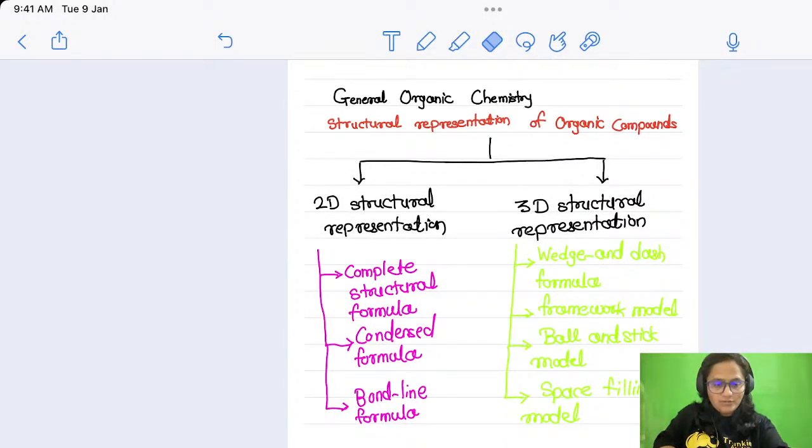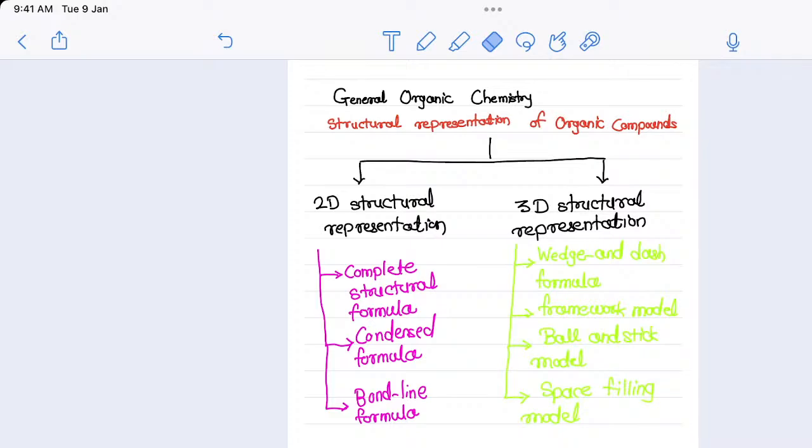I'll just remove the video for some time till you take the screenshot, otherwise this portion will not be visible. I hope it is done.